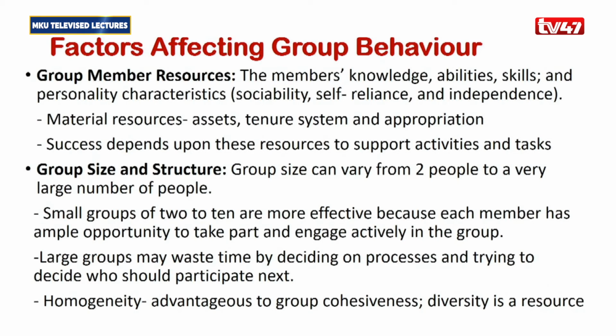But again, smaller groups may not have the diversity that we have in large groups. Large groups may waste time deciding on processes and trying to decide who should participate next. But again, homogeneity is an advantage, but heterogeneity and diversity can also be resourceful to a group. Okay, so that's number 2, group size and group structure.